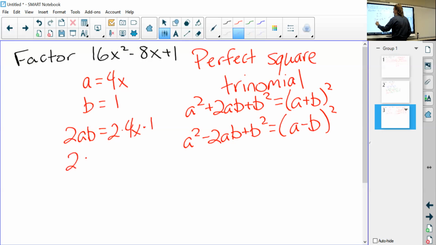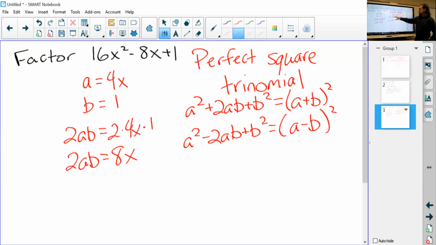So 2ab equals 8x. Let me check that out. Does that match? Yes, it does. If I can square root the first and last terms, take those two square roots, multiply them by each other, then multiply by 2 and get the middle term, then this rule will work. And to give you a hint, on the paper we're doing today, it's going to work.